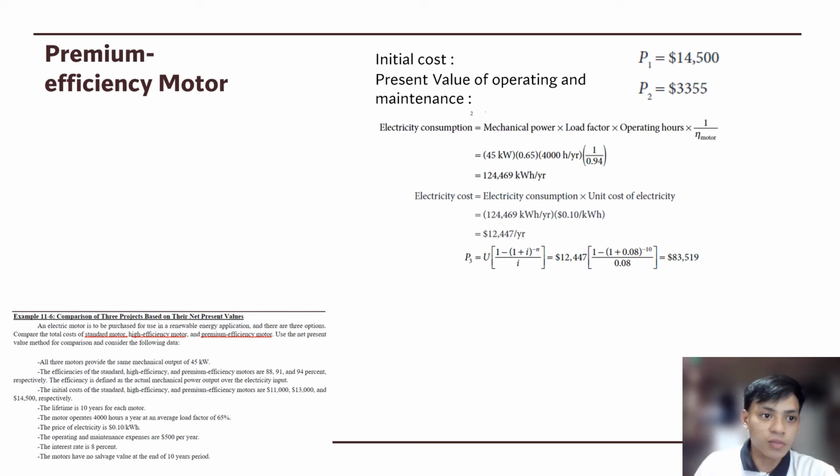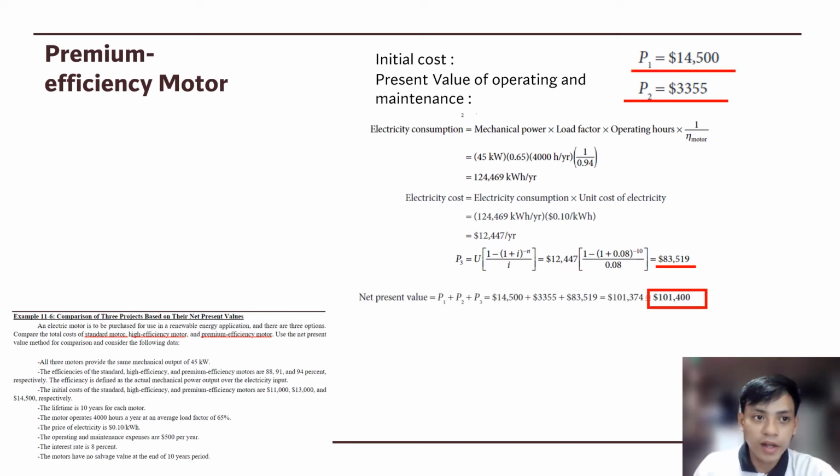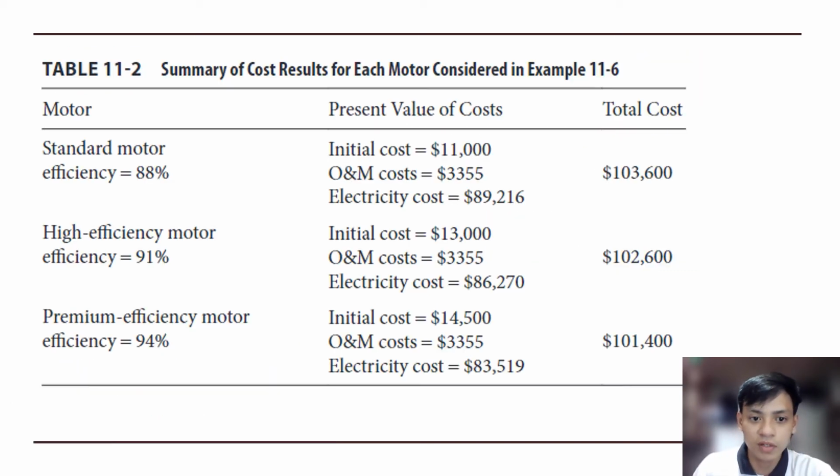That will give us 124,469 kilowatt-hour per year of electricity consumption with a cost of $12,447 per year. The present value due to the electricity cost is $83,519. Adding these present values, we will get $101,400 for the net present value of the premium efficiency motor.